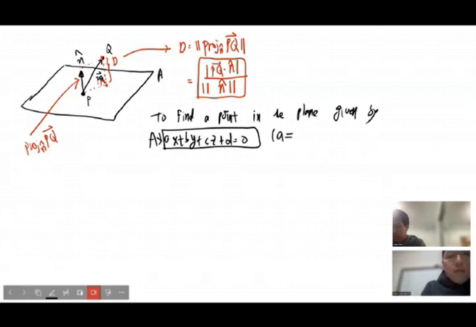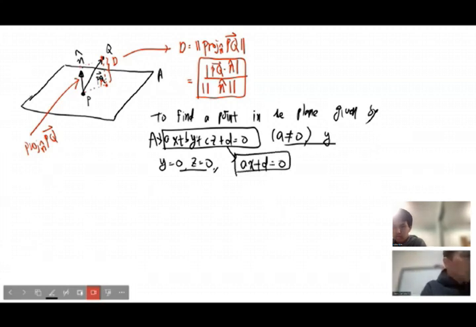Here A should not be equal to 0, and then you should just let Y equal 0 and Z equal 0. Then this equation changes to ax plus d equals 0. Then you can conclude that x should be minus d over a.